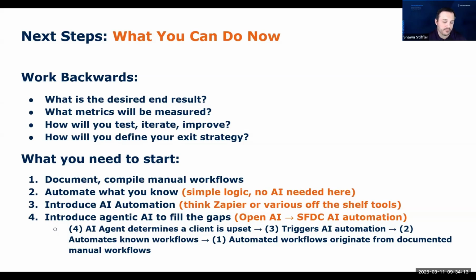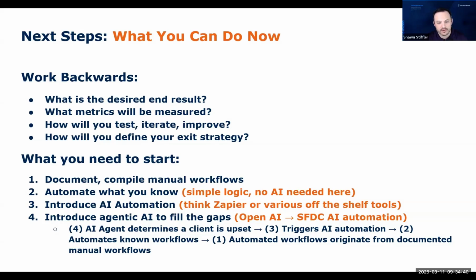So automate what you know, hopefully a simple, easy win. And the step here doesn't necessarily need AI at all. This could be within your CRM. This is for individuals where there's maybe no automation at all. Let's just get your feet wet with some automation and then observe how it works. And you'll discover there's some problems maybe with what was deployed, and then iterate, and you'll get used to that motion.